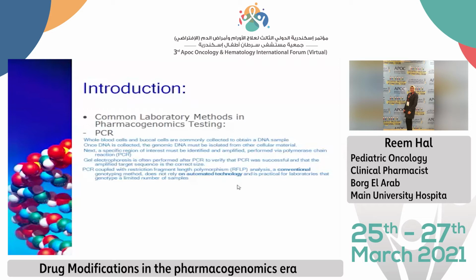And then the verification process is to do gel electrophoresis, which is often performed after PCR to verify that PCR was successful and that the amplified target sequence is the correct size. PCR coupled with restriction fragment length polymorphism analysis is a conventional and not automated genotyping method, which is very practical for laboratories that genotype a limited number of samples.